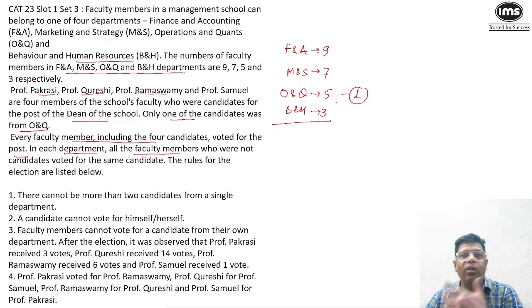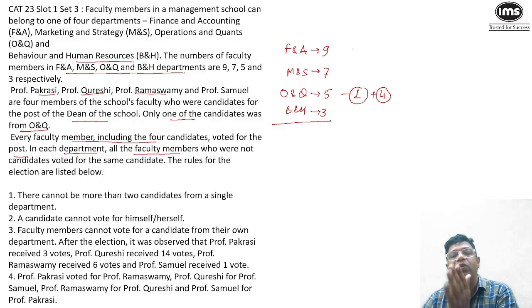The rest 4 faculty are not contesting. Now all 4 of them will vote for the same candidate, right? So you can say 1 plus 4. Now similarly from F&A, if suppose one is contesting the election, then the rest 8 will vote together. Or if there is no one contesting from F&A, then all the 9 will vote for the same candidate.